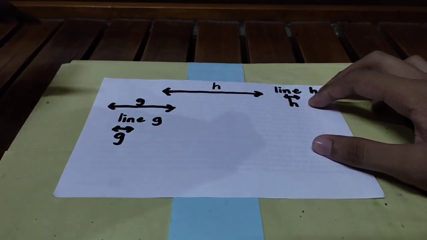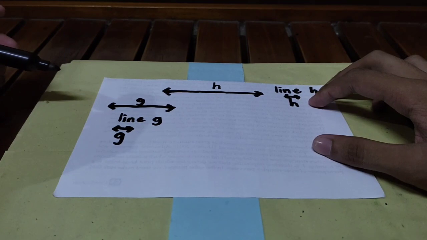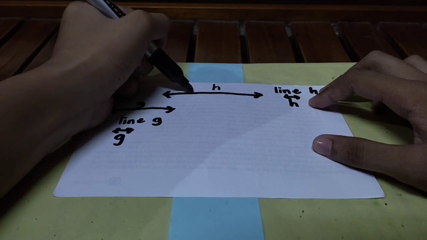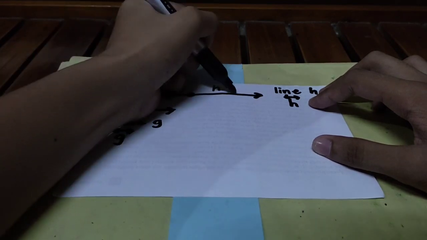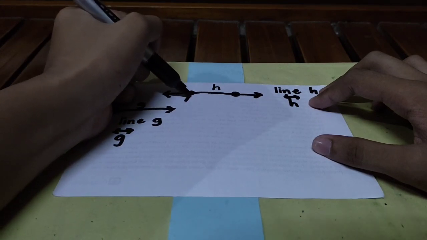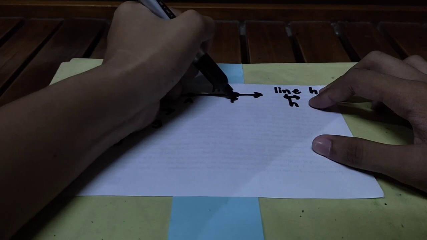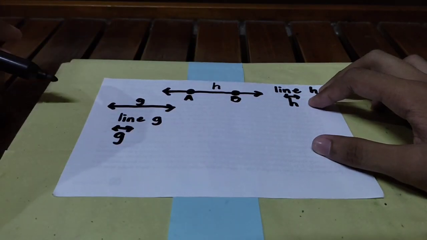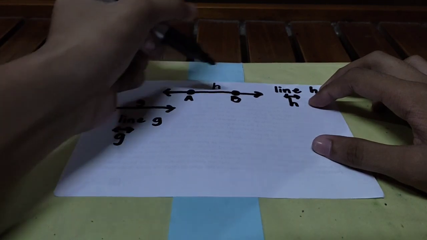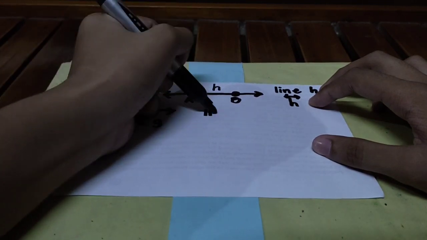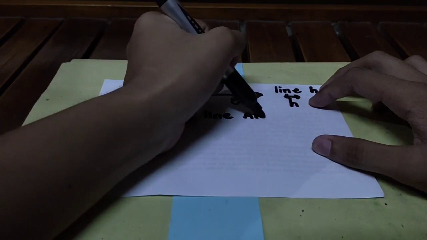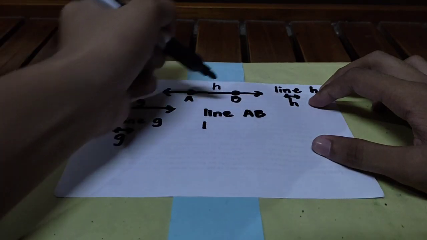Okay. For example, if we have two points in a line, let's say this line H has 2 points. This point 1 is point A, and this one is point B. We can name this line as line AB, or line BA.